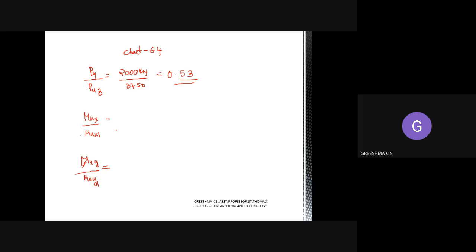Tell me the value, how much are you getting? Mux means the moment that is developed in the column, so that is 150 kilonewton. And the moment capacity Mux1? Tell me fast. I think 324, something like that. So here Muy is equal to 120 kilonewton.